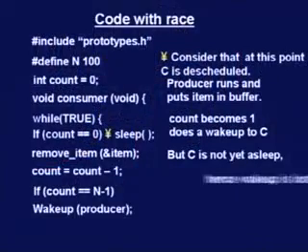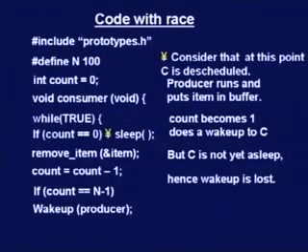So, let us see a simple code which takes care of these two processes. This is a code which will have a problem. So, we are calling it code with race, and then we shall try to remove this race problem and have a solution without race.